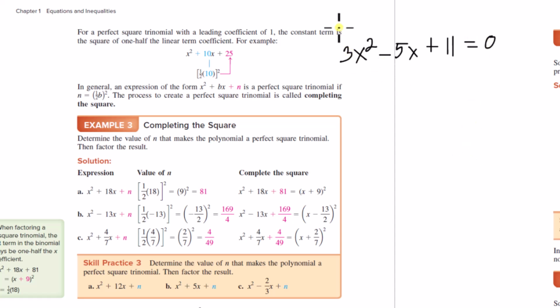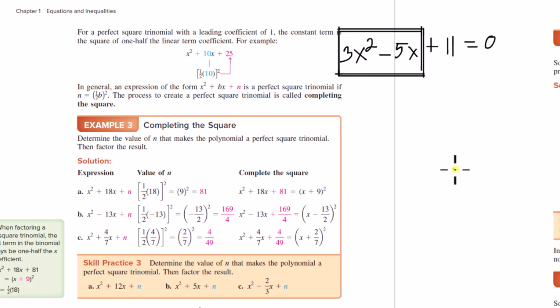Well, what we can do is focus on this pair of terms here, okay? And we can think about adding an additional term on the back end of this pair of terms to where we create a perfect square trinomial, right? We can manufacture this.